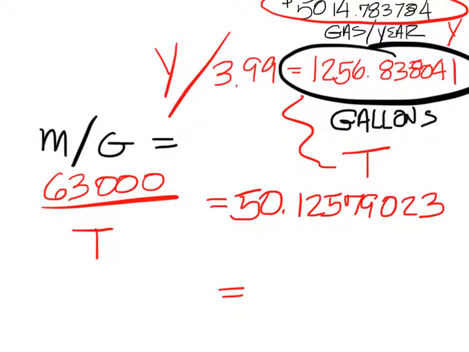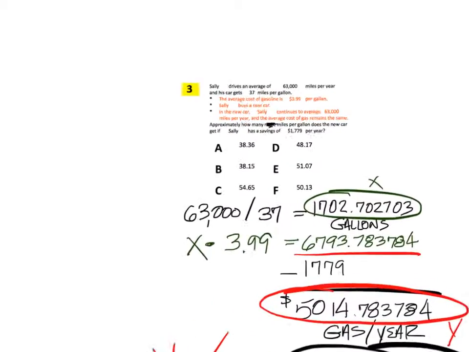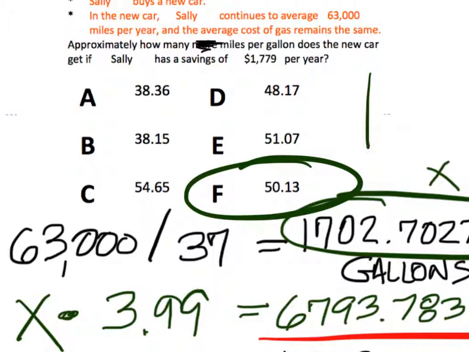And if we round that to two places, 50.13. So we'll go back and look at the choices and see what we have. Is 50.13 up there? Yeah. F.